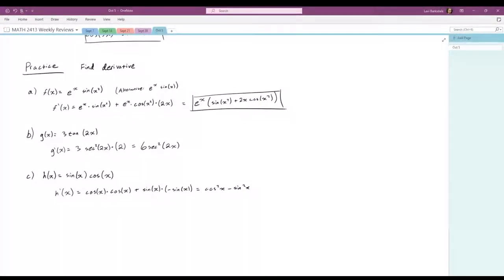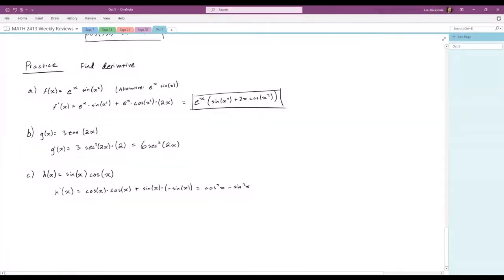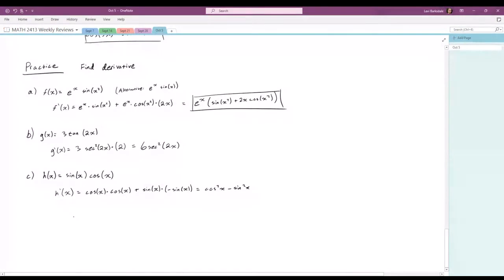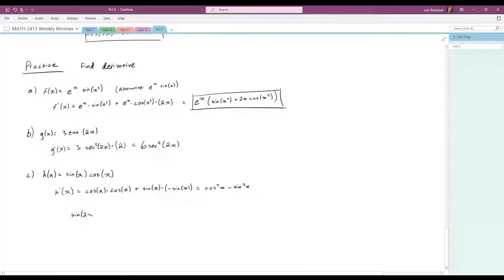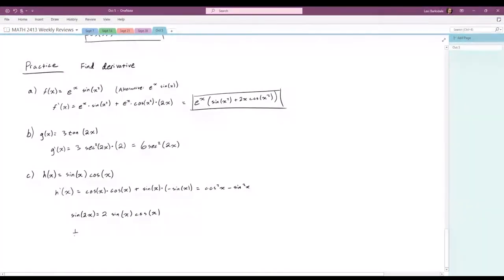Well, another way we could have done this is using a trig identity. One of our trig identities is that sine of 2x is 2 sine of x cosine of x. So what this means is if we divide both sides of this identity by 2, 1/2 sine of 2x is equal to sine of x times cosine of x.